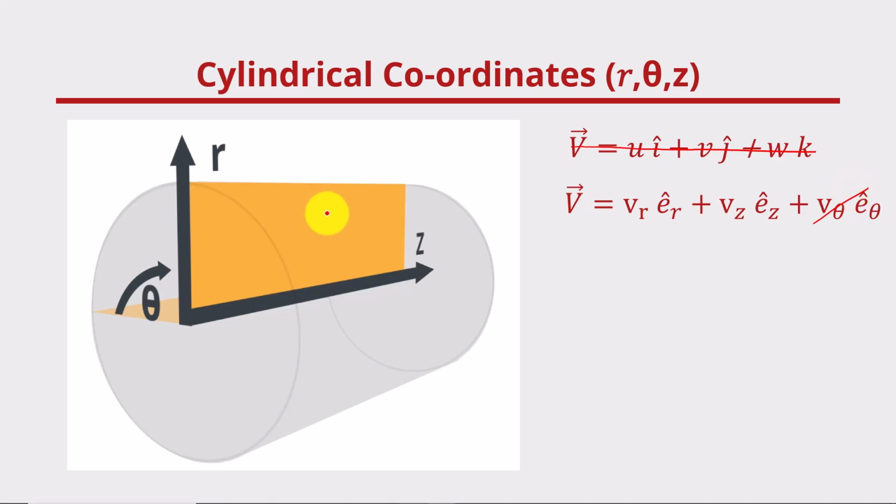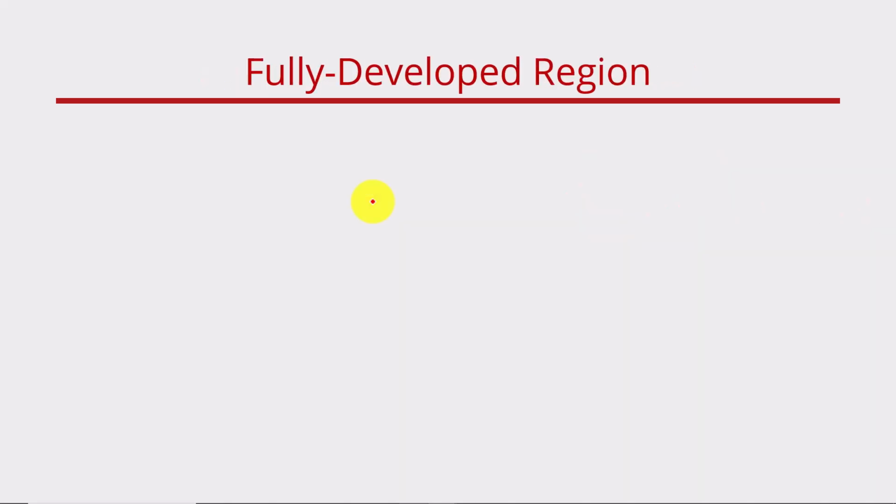If I take a location like that, my axial velocity v sub z is going to be in that direction, and the radial velocity v sub r is going to be in that direction, vertical in this particular plane. In fact, in the fully developed region, the radial velocity is also going to be zero. So you only have the axial velocity that's non-zero.